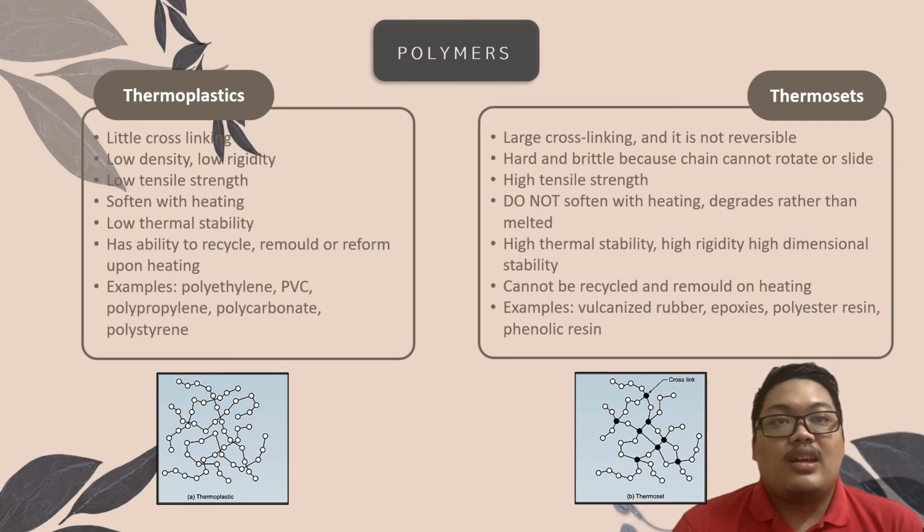It also has high thermal stability, high rigidity, and high dimensional stability. Examples of thermoplastic in our daily life are polyethylene, PVC, and polypropylene. For thermoset, examples are vulcanized rubber, polyester resin, and also ceramic.